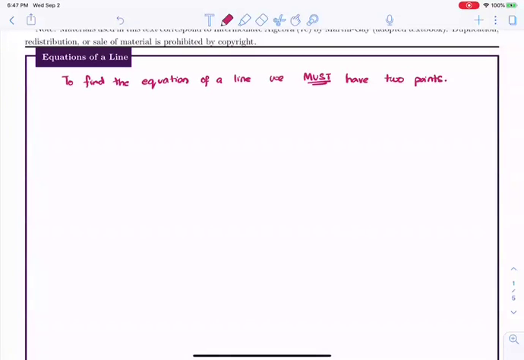I cannot draw a line and identify it uniquely without 2 points. I need 2 points for me to say, okay, this is the line corresponding to those 2 points. So we need 2 points. And if we have those 2 points, the line will pass through the 2 points.